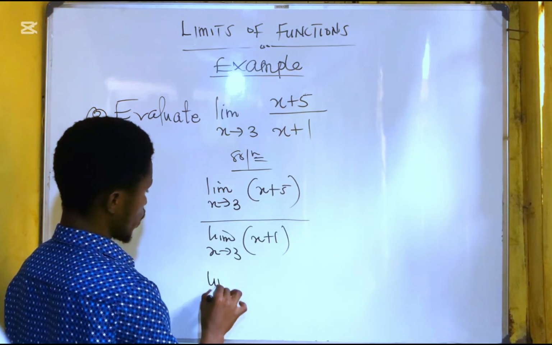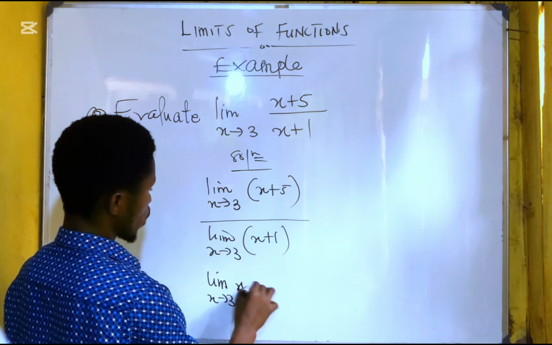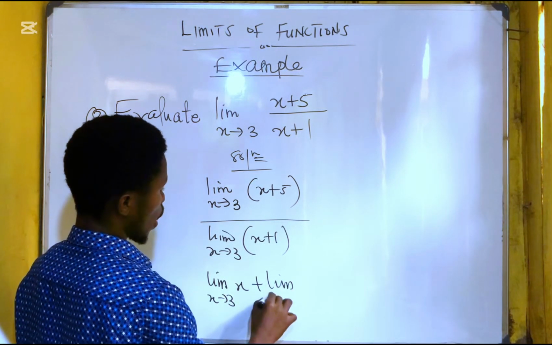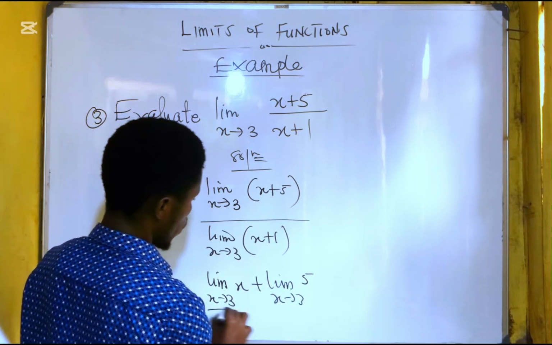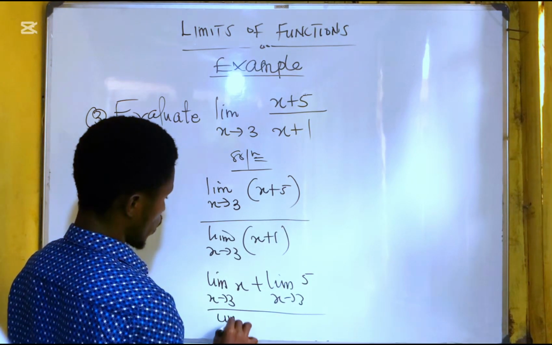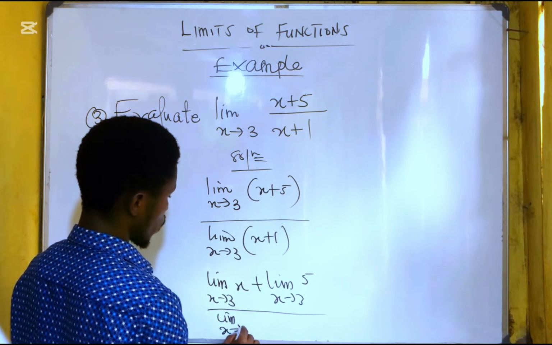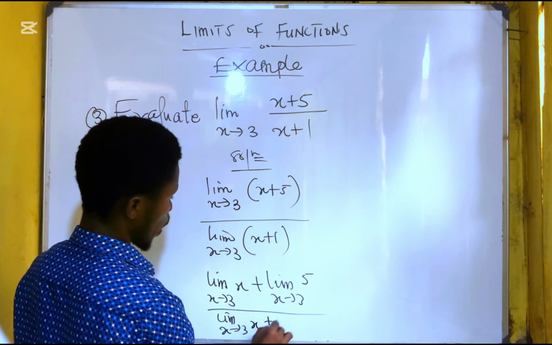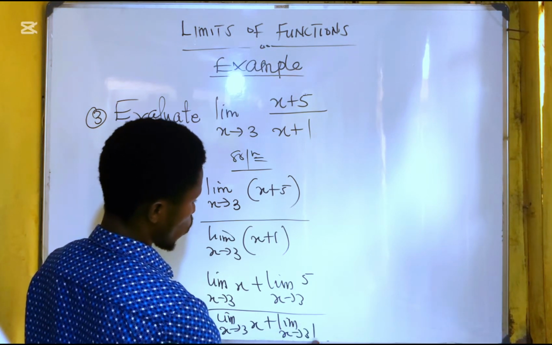Then you have the limit as x approaches 3 of x plus the limit as x approaches 3 of 5. And remember, all this is going to be divided by the limit as x approaches 3 of x plus the limit as x approaches 3 of 1.